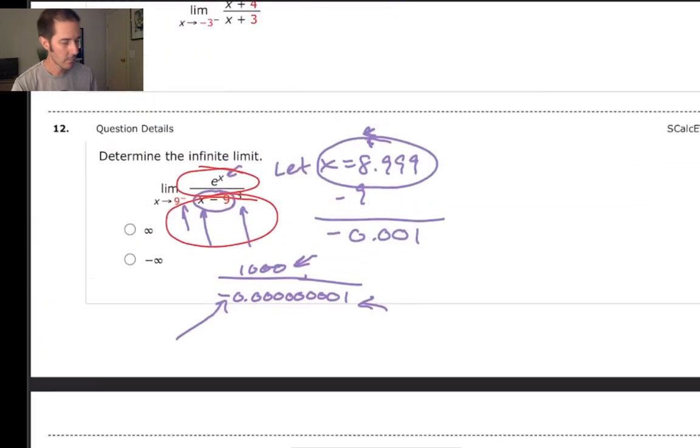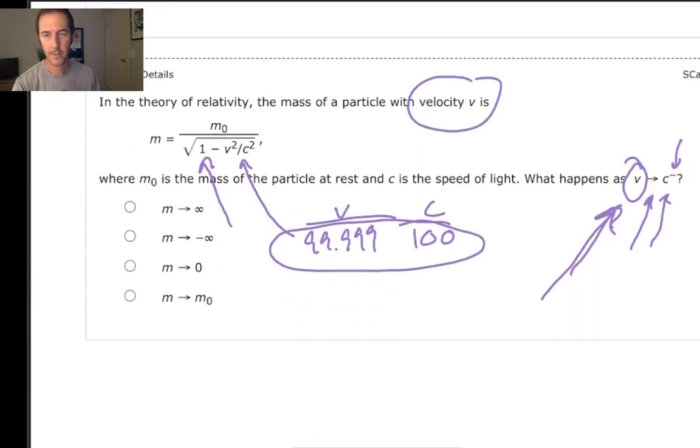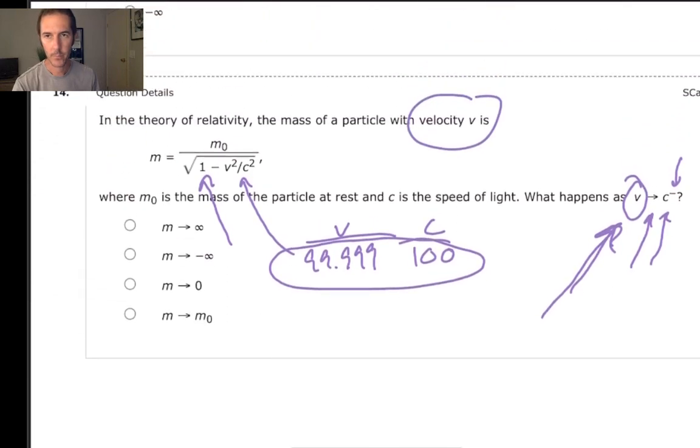Small like that kind of small. A decimal point and then 50 zeros and then a 1. Okay? And then you take the square root of that and you've got a decimal point with 25 zeros and a 1. And then you're going to take the mass of your object and you're going to divide it by a crazy small number. What happens when you take some reasonably sized number and divide it by something that's insanely small?